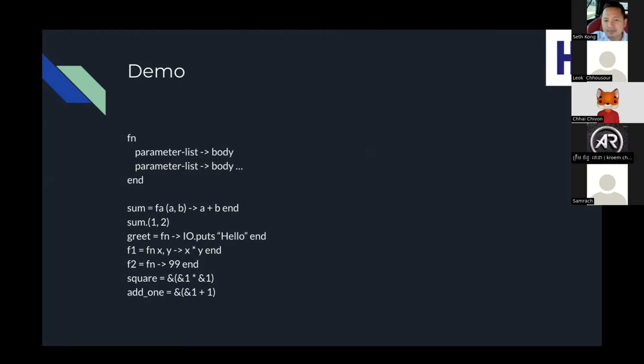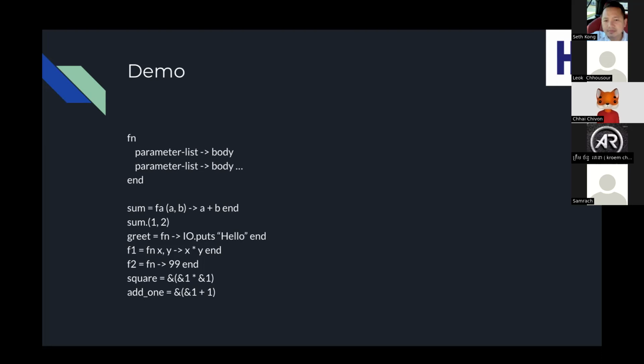So when people call this function, it tries to match the parameter list with the lists right here. If it matches my first line, it executes that one. If it matches my second line, it executes that one. It could be 10 lines, 20 lines. That's a very powerful feature of Elixir. I have not seen any other language doing this.